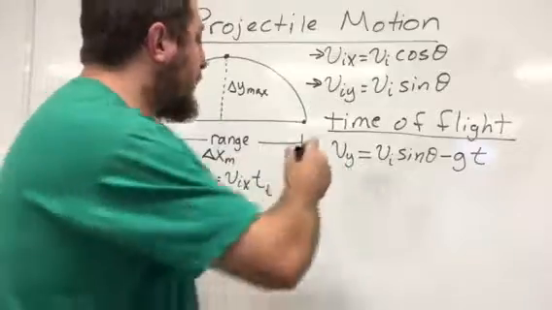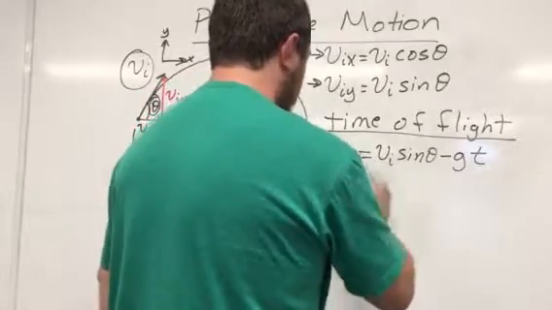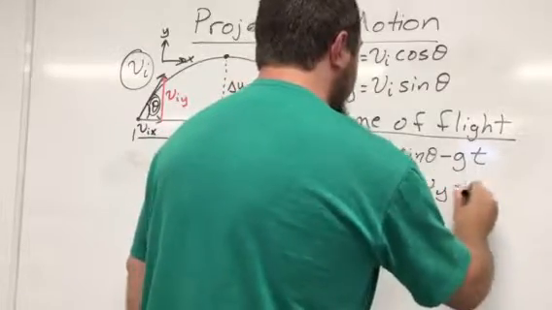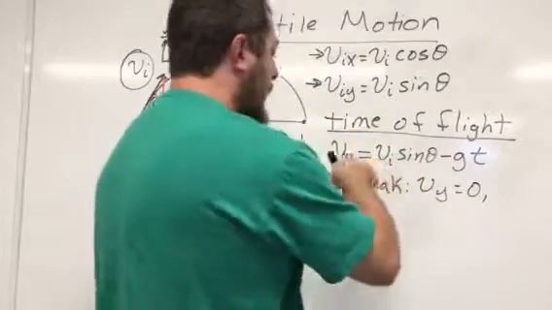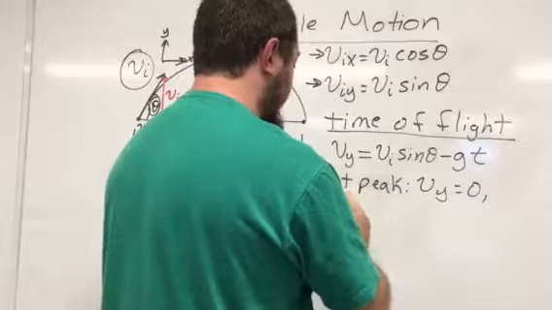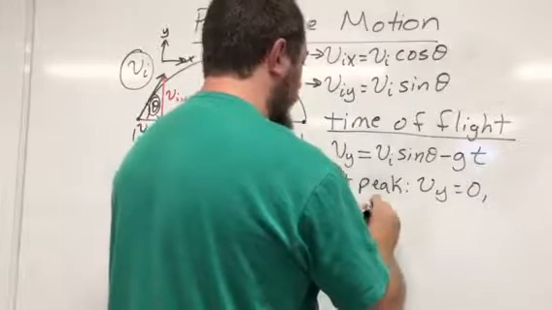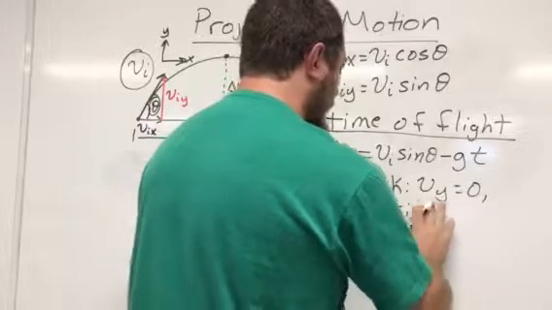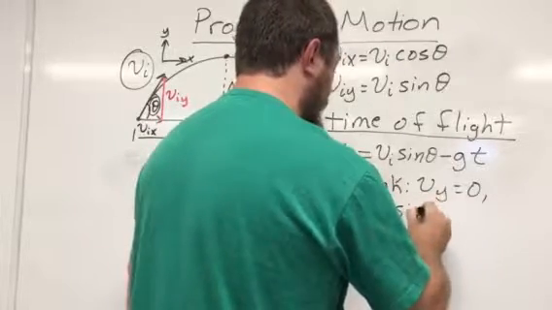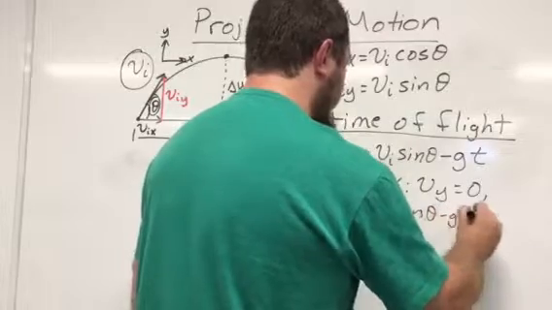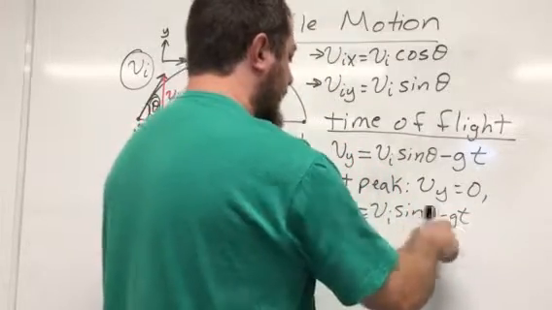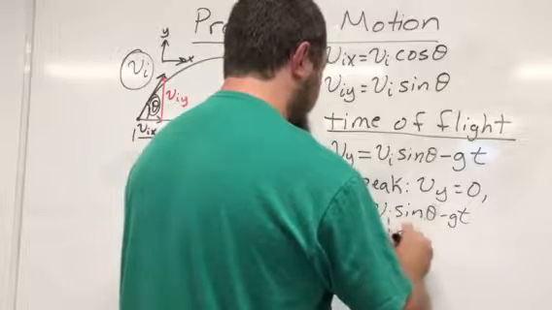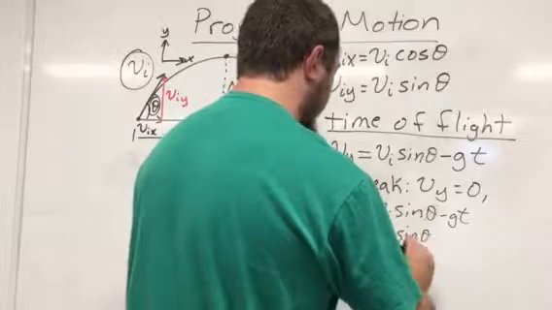So, if at the peak Vy is 0, then all I have to do is say this: 0 is equal to Vi sine theta minus GT. And if I solve this for t, I get Vi sine theta divided by g.